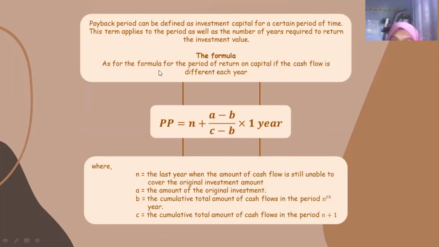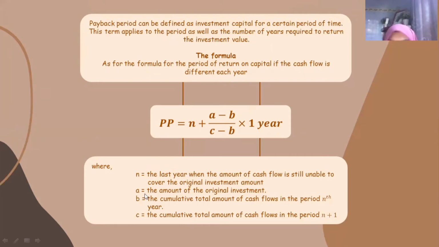As for the formula for the period of return on capital, if the cash flow is different each year, we get this formula: payback period is equal to N plus A minus B over C minus B times 1 year, where N is the last year when the amount of cash flow is still unable to cover the original investment amount.